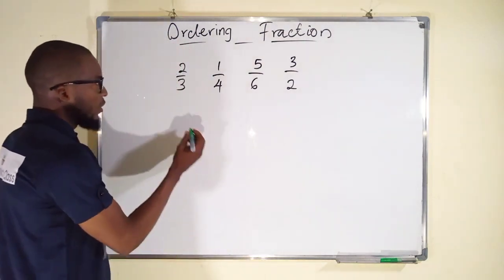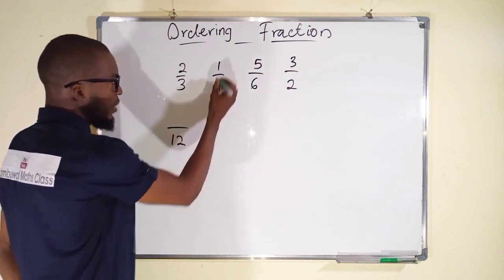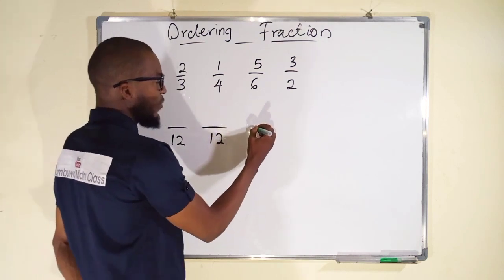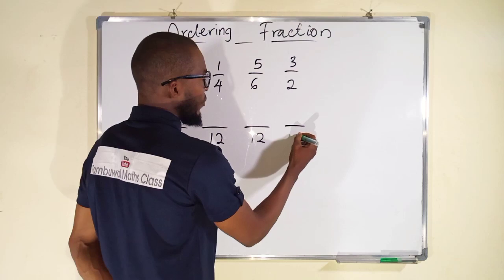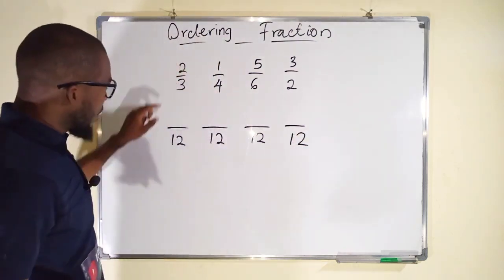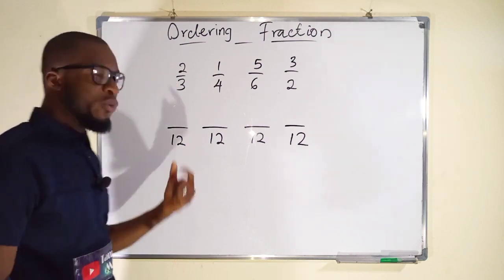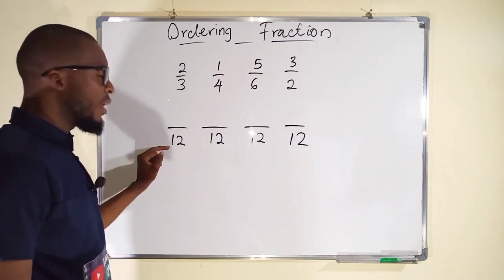So we are going to transform each of these denominators to 12. So we have a fraction over 12, a fraction over 12, a fraction over 12, a fraction over 12. This is the first step. Now, what number will you multiply 3 with to get 12? That number is 4, because 4 times 3 is 12.